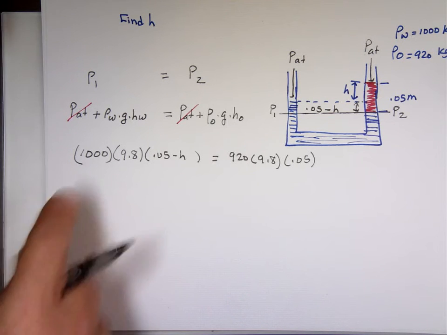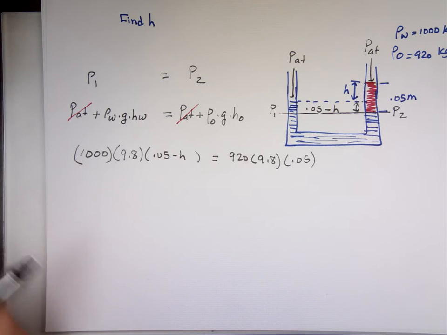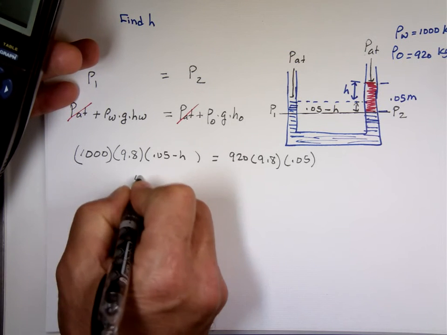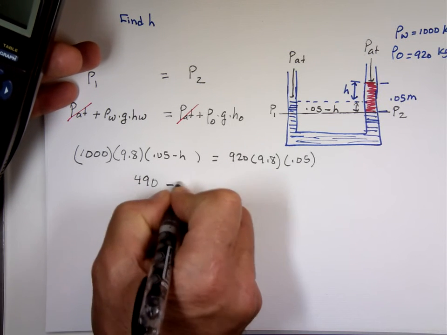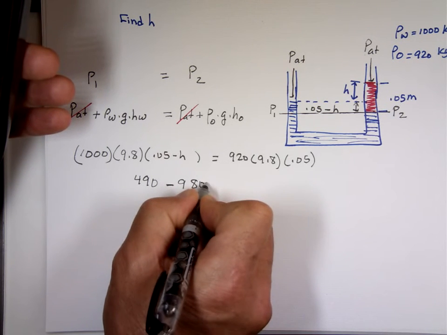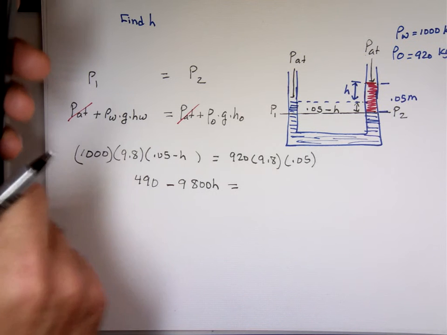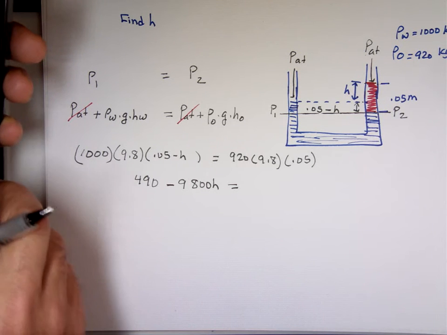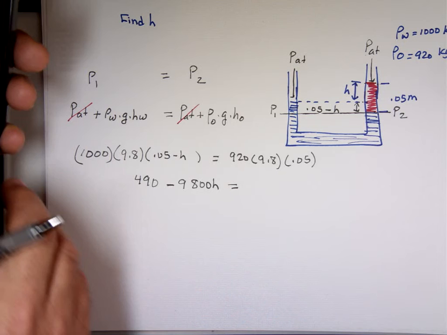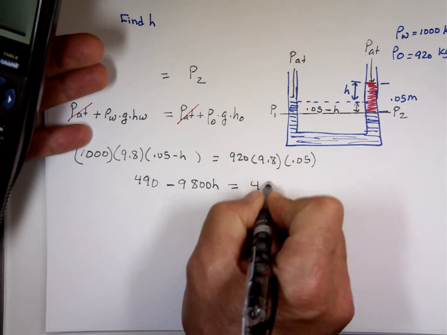1,000 times 9.8, that's 9,800, times 0.05, distribute that, 490 minus 9,800 H equals 920 times 9.8 times 0.05, 450.8.